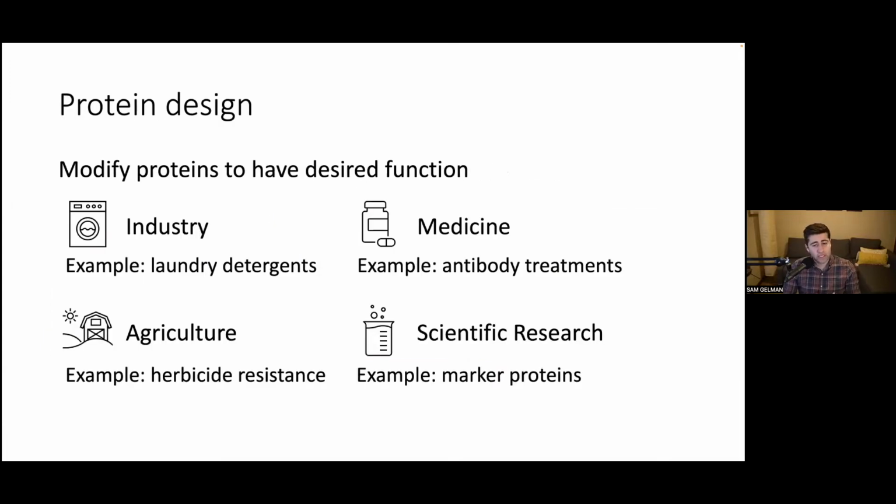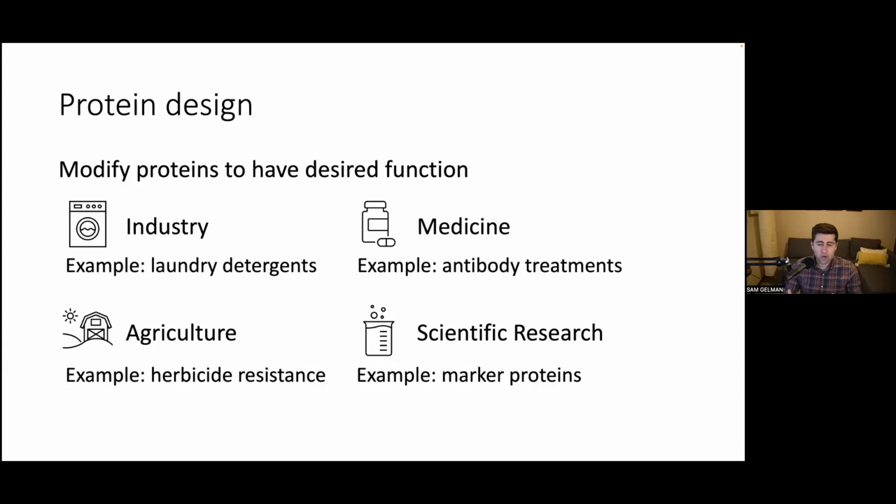Our goal is to do protein design, which is when we want to create or modify proteins to have a desired or improved function. For example, some laundry detergents contain engineered enzymes that make the laundry more effective and save energy. Another example is antibody proteins, which are being engineered to treat cancer and other diseases.